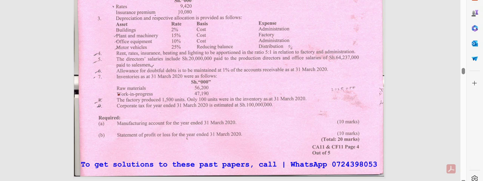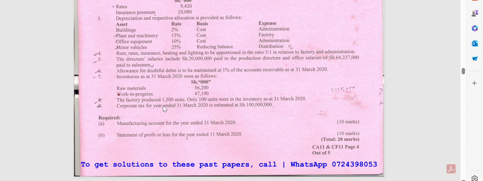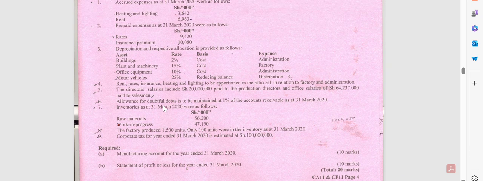Under distribution. So selling and distribution, SD, this one is going to be recorded, the net book value, in the statement of financial position. So at least we are done with additional information number 1, 2, 3. We're also done with 4, the basis for allocation. So let us go to additional information number 5.